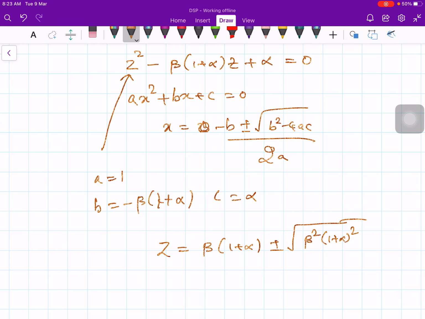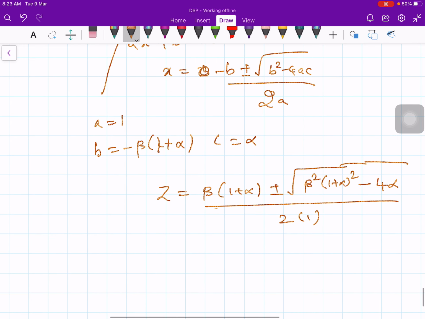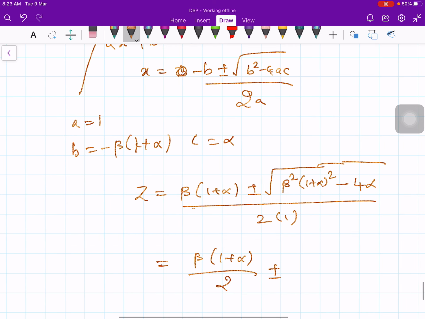minus 4ac, 4 times alpha, divided by 2a. 2 times a is 2. Okay, therefore this is beta times (1 plus alpha) by 2 plus or minus the square root of beta squared times (1 plus alpha) squared.